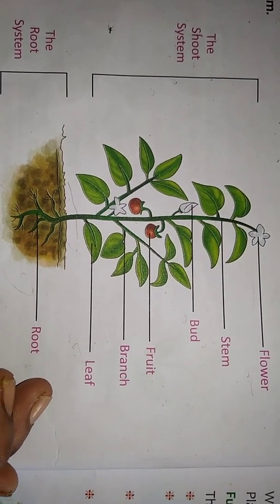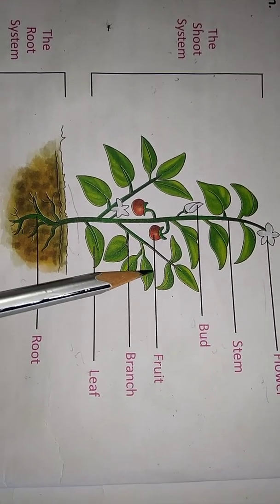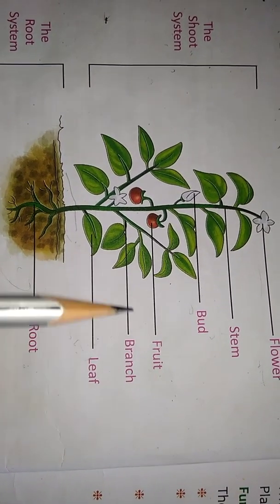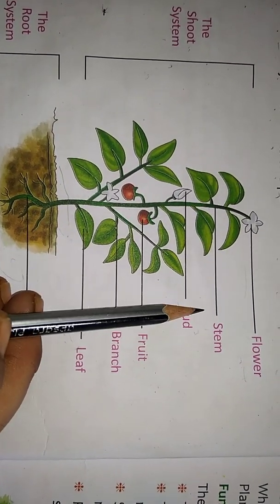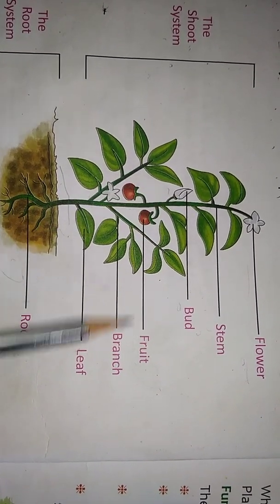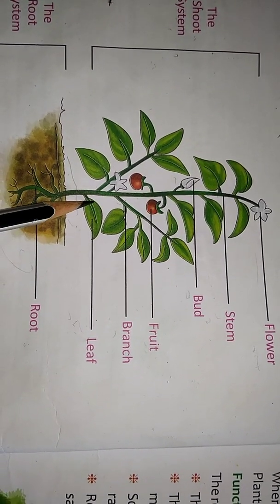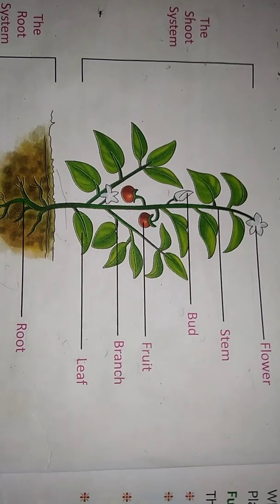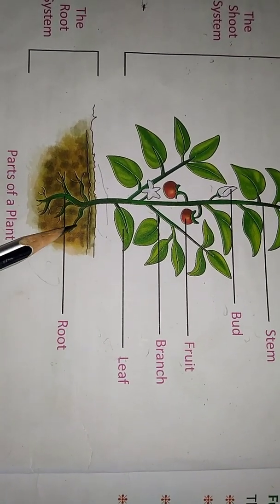Don't get confused. In the shoot system, all of these will come: flowers, stem, bud, fruit, branches, and leaf. And in a root system, only roots.